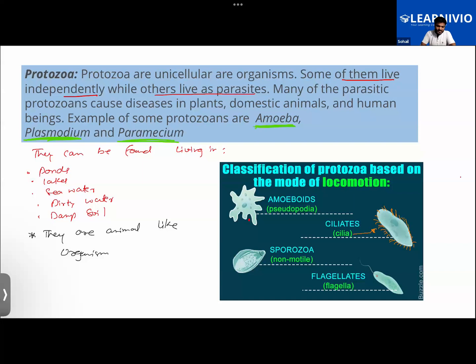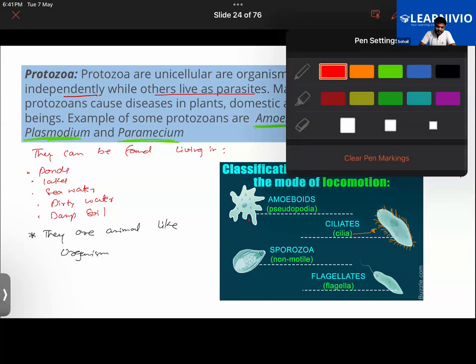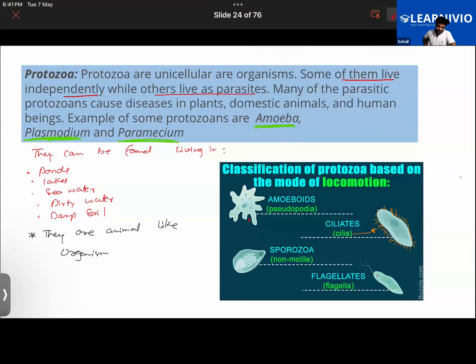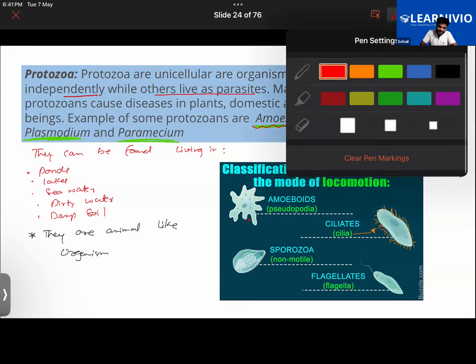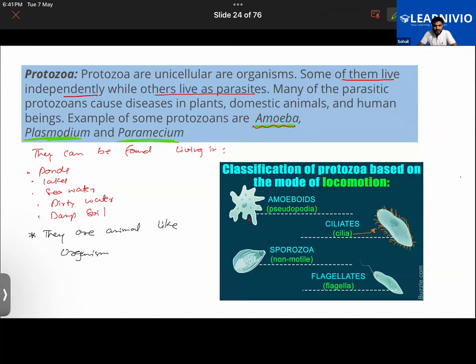Some common examples of protozoa are written here in the slide: amoeba, paramecium, and plasmodium. If you want, you can remember one more, that is entamoeba. But if you remember three of them, that will be sufficient.